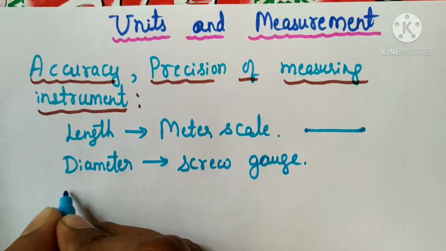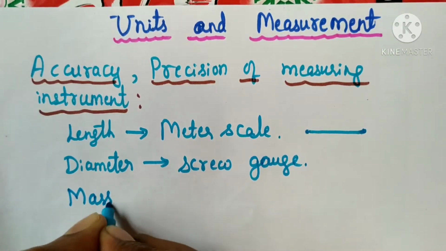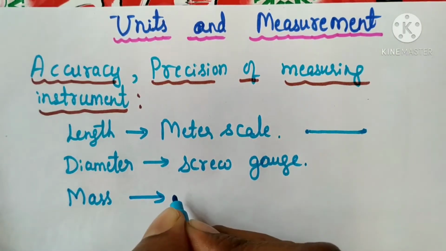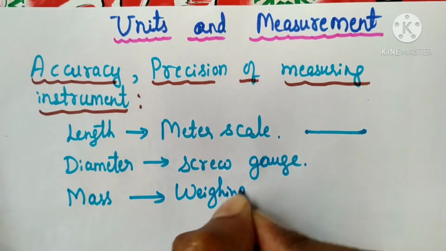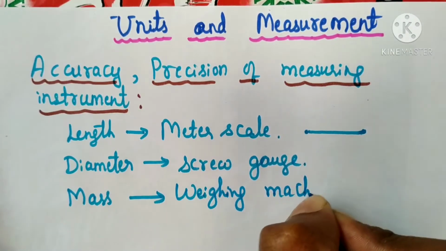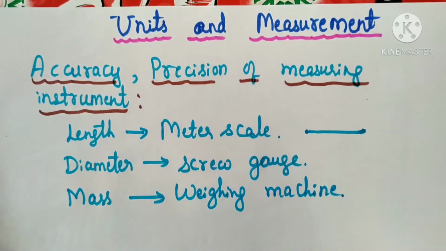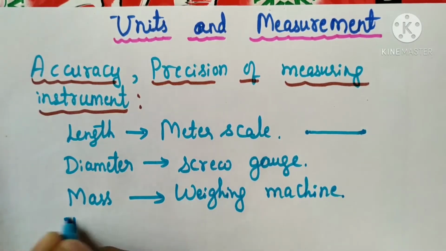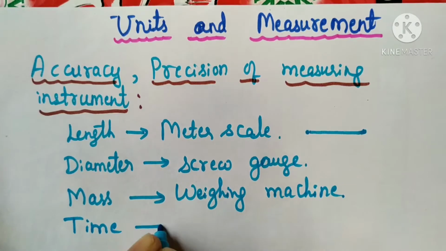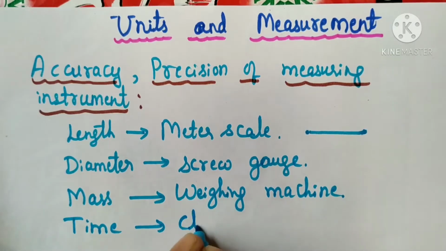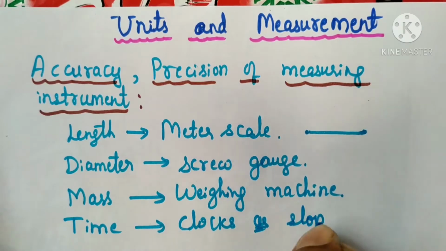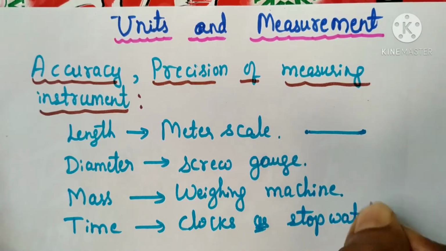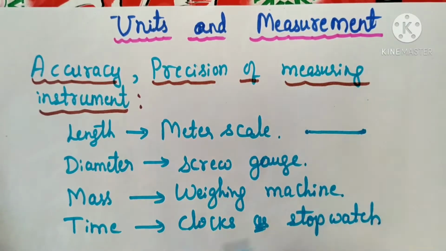In the same way, to measure the mass of any object we use a weighing machine. To measure time, we use clocks or a stopwatch, with the help of which we can measure the time interval.